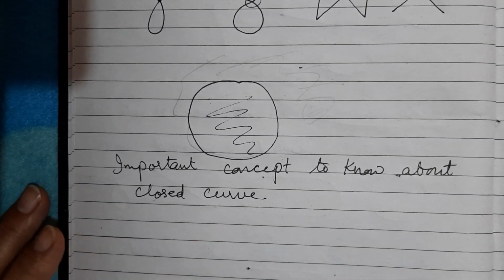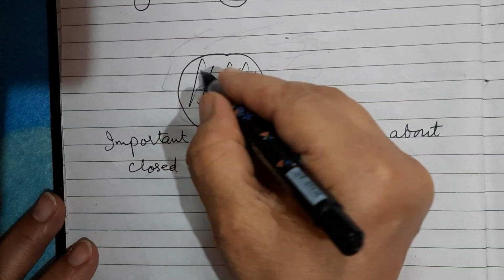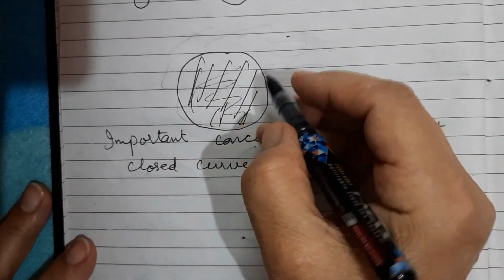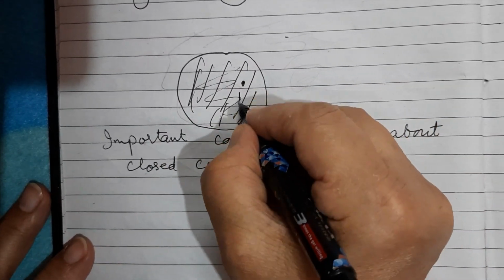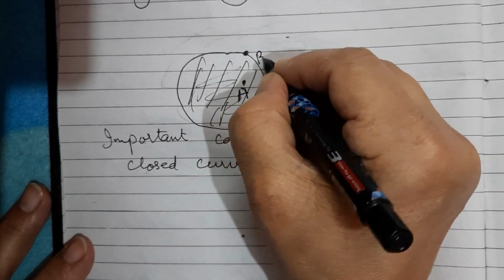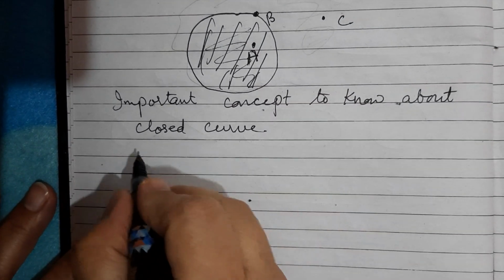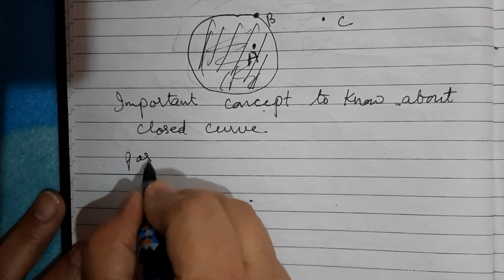Already you have done this in previous classes. This all shaded part is interior. But let me give a point here, point A. This is point B, and here point C. Now what are the positions of the points?